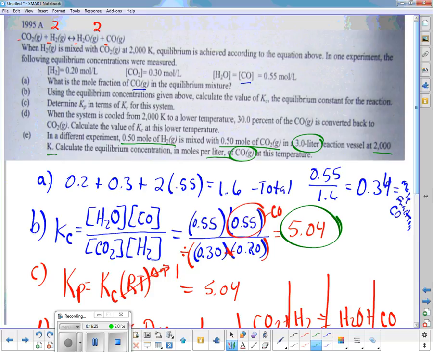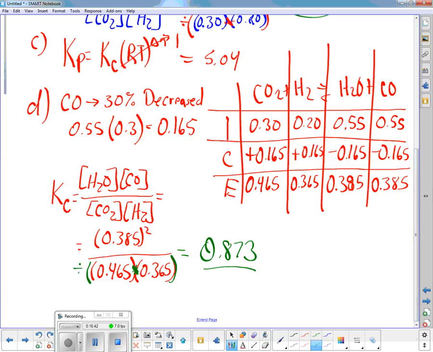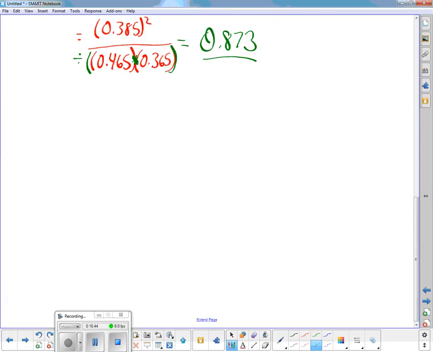Now, they've given me the beginning of ice. They haven't given me the equilibrium. What happens at equilibrium? I need that in order to figure out the equilibrium at CO. So you guys remember all the stuff that we did, 0.5, 0.5, and 3, and 5.04. Okay? So K is equal to 5.04. Concentration of H2 was what? 0.5.